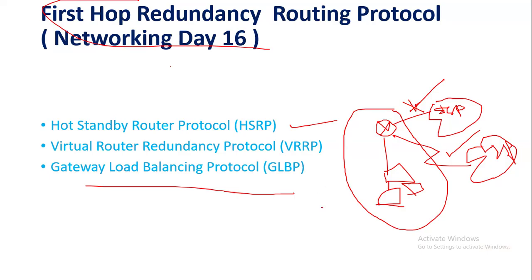That means if my network goes down, the secondary router, or however many routers and paths I have, can take ownership to send and receive the packets. That is the overall concept of the redundancy protocol. That means there is no downtime in the network, and that's why we are using this protocol.